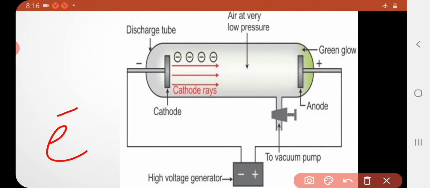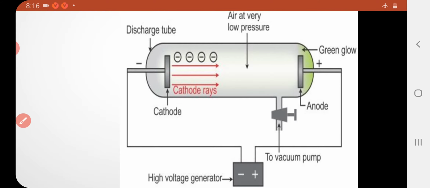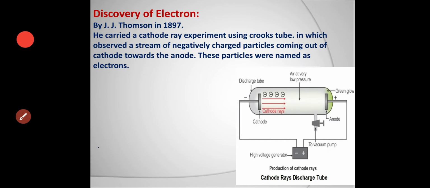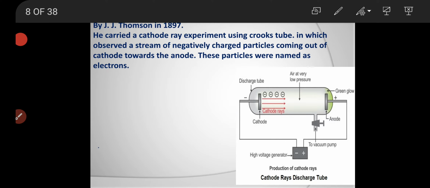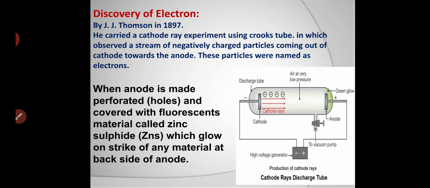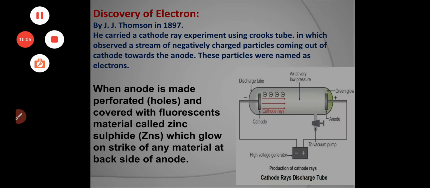In this way J.J. Thomson discovered electrons. I hope you understood. When the anode is made perforated and covered with a fluorescent material called zinc sulfide, it glows when any material strikes it at the back side of the anode.